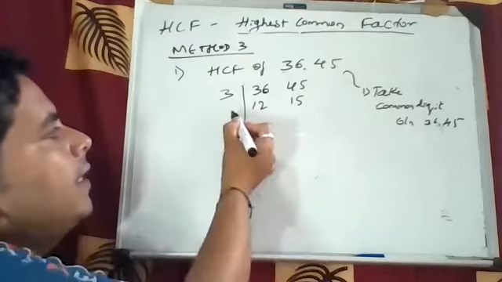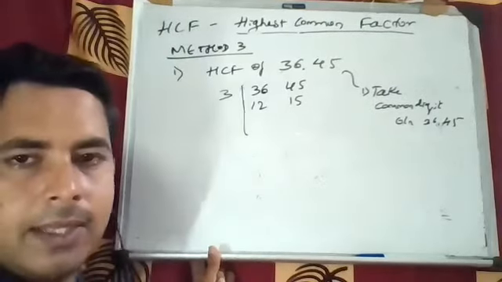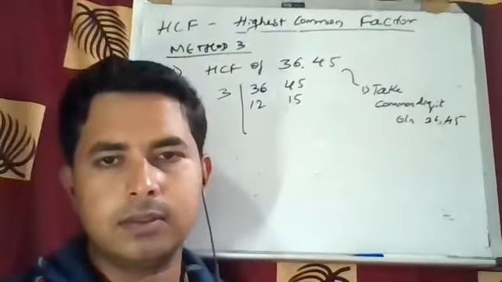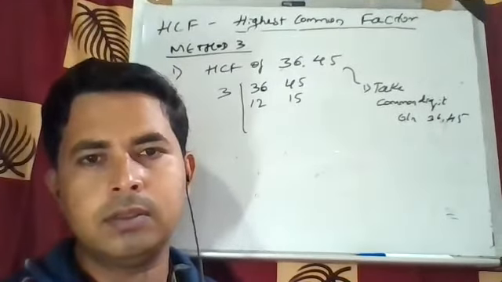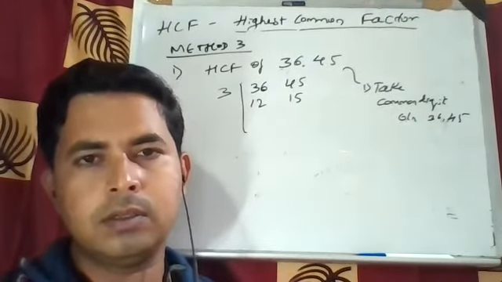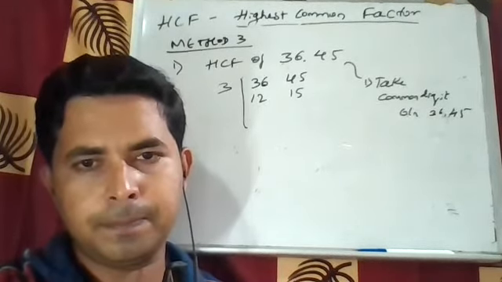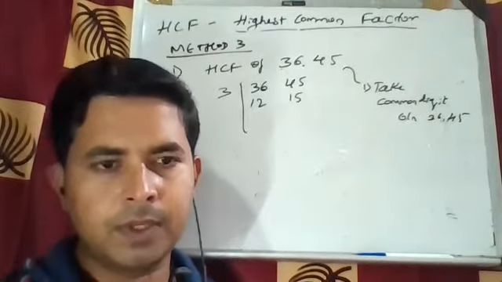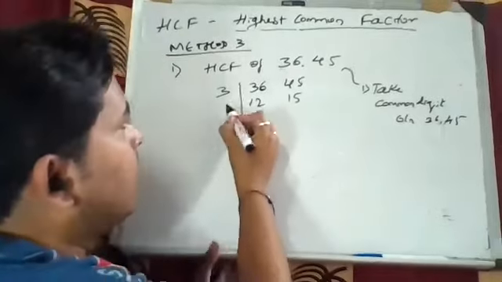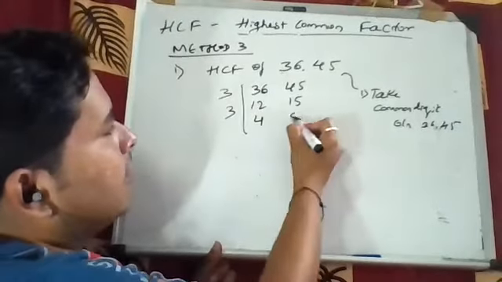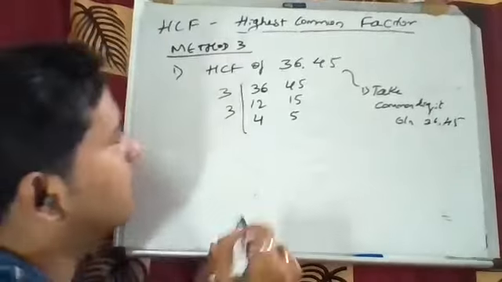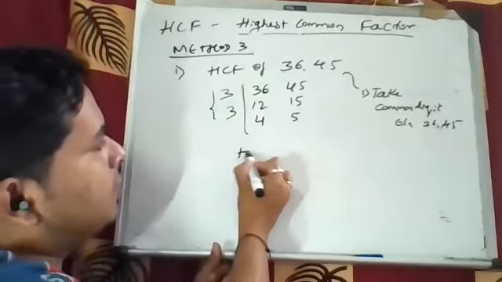Then again, if you take 3, 3 4s are 12 and 3 5s are 15. So what is your HCF now?